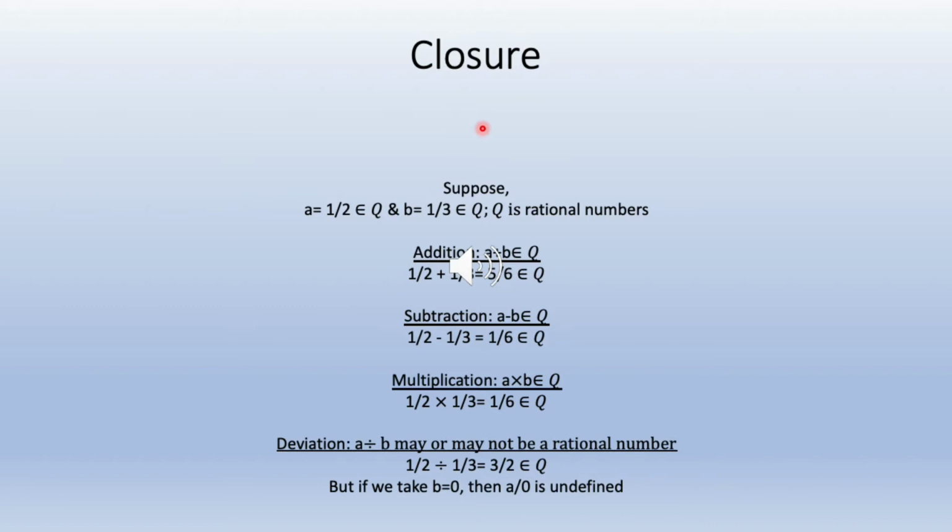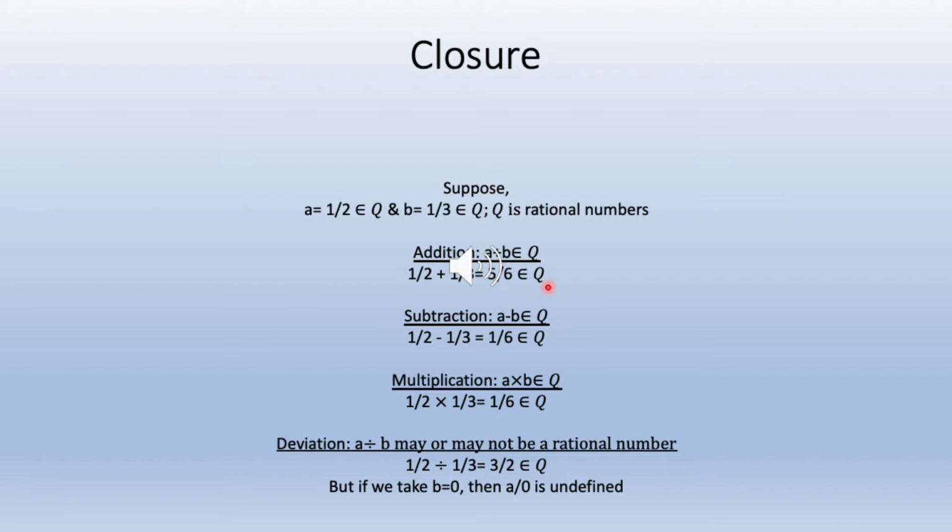Now look at the example of the closure property. Suppose A is equal to 1 by 2, B is equal to 1 by 3. So both are rational numbers. Now add them: 1 by 2 plus 1 by 3. The result is 5 by 6, which is a rational number.